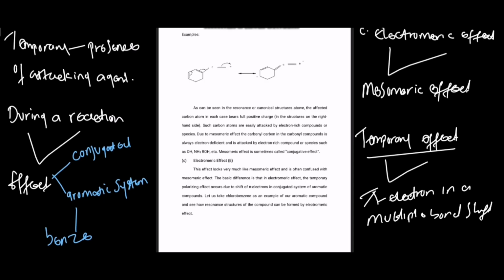All right, the next slide. You know, benzene is an aromatic compound, right? Now let's take benzene to explain the electromeric effect as an example. Let's use chlorobenzene, from the example they gave in the slide.